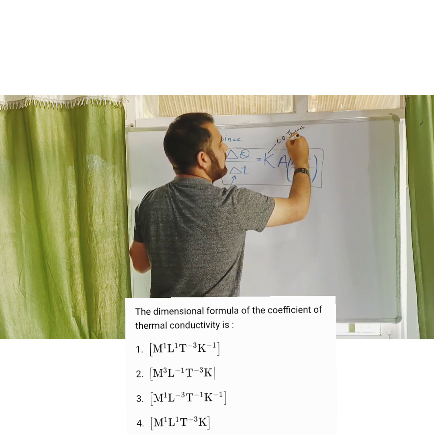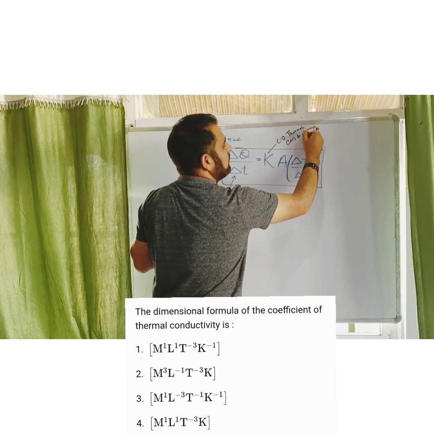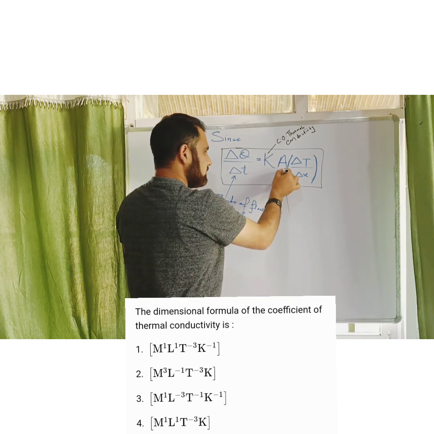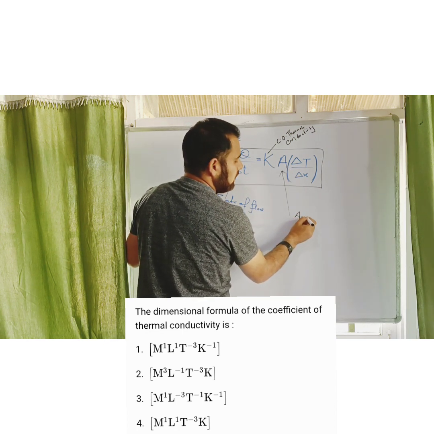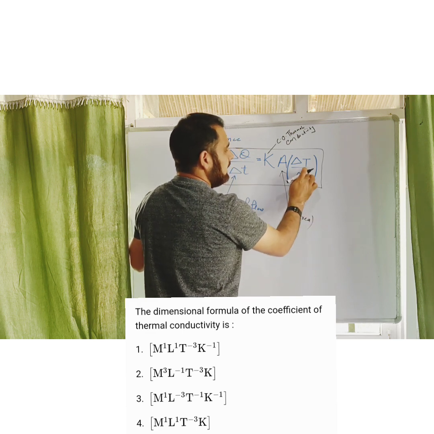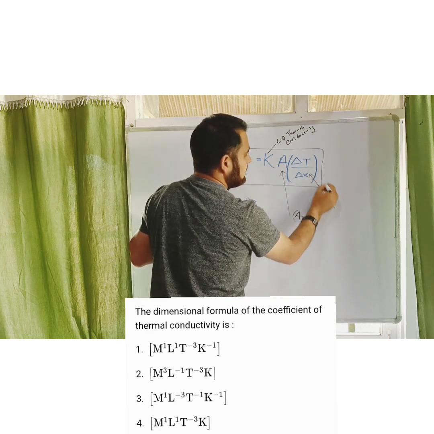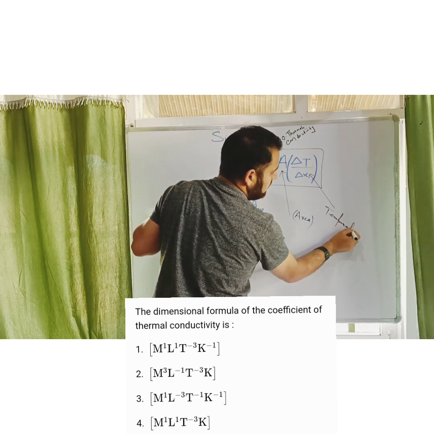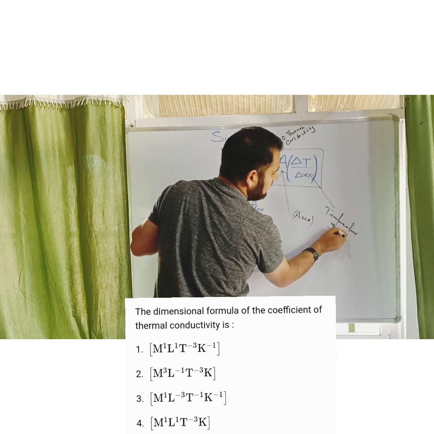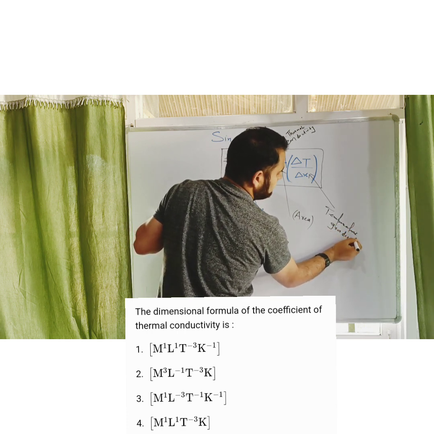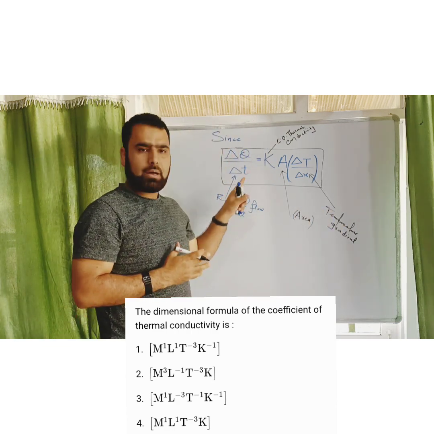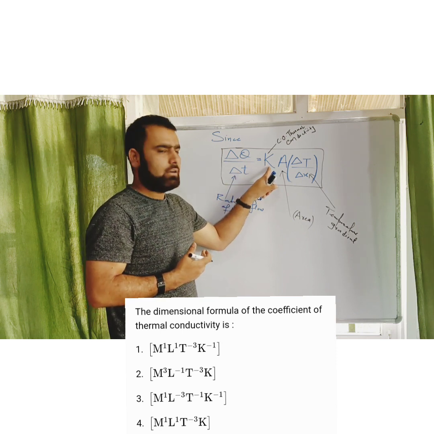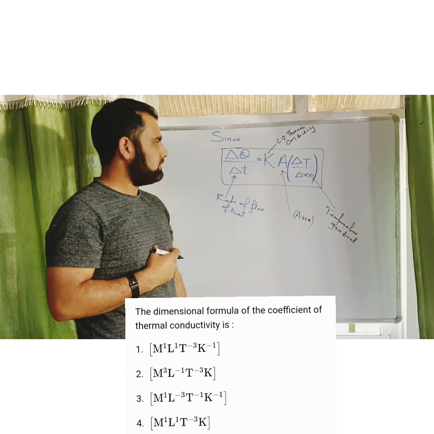A here represents the area of a solid. Delta T divided by delta X represents the temperature gradient. So with the help of this formula we can calculate the SI unit of this thermal conductivity or the dimensional formula of this thermal conductivity.